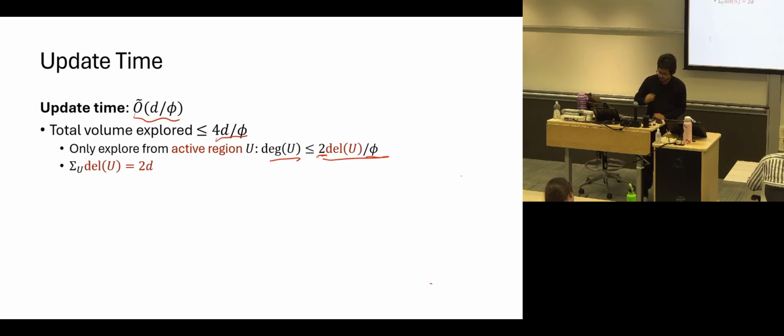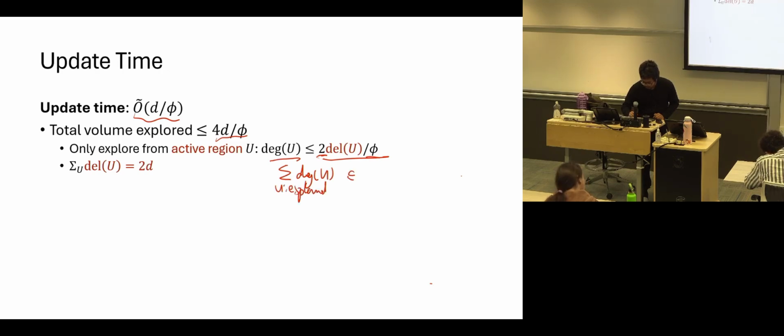So the total number of deletions is at most 2D, summing over all U. It means that if you sum over the degree of U that you explore, it's going to be at most 2D over phi. No, 4. 2 times this thing. 4D over phi.